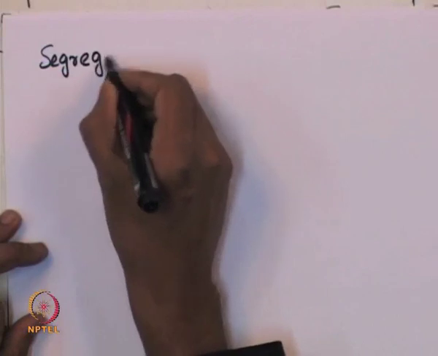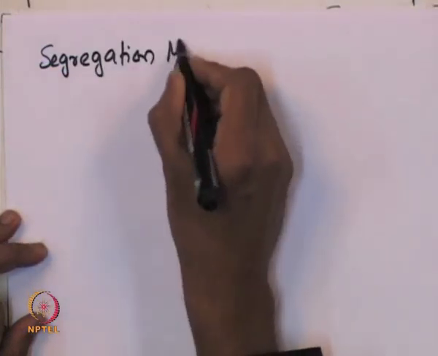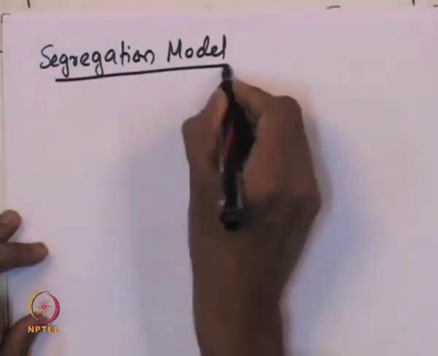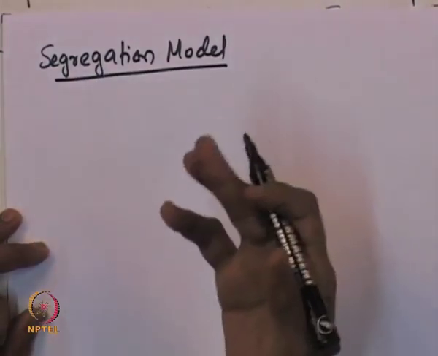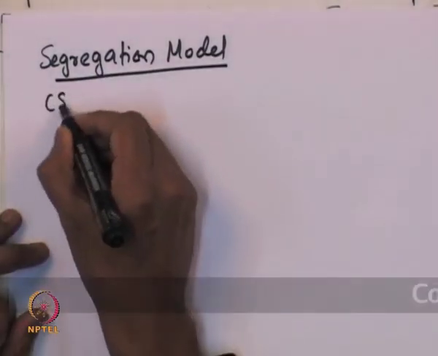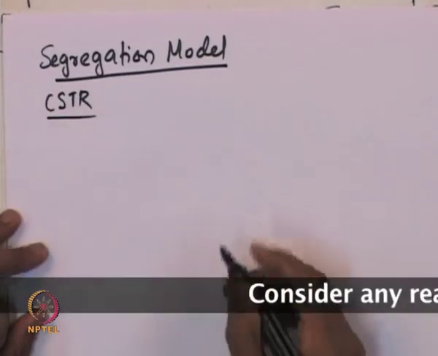So, let us look at the first one, the segregation model of a reactor. Now, let us consider a CSTR, a tank reactor.